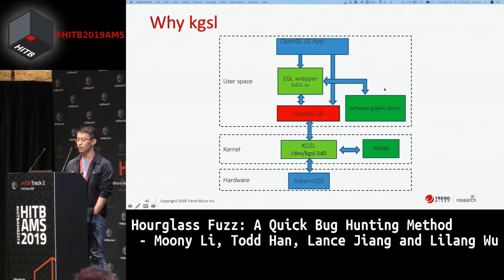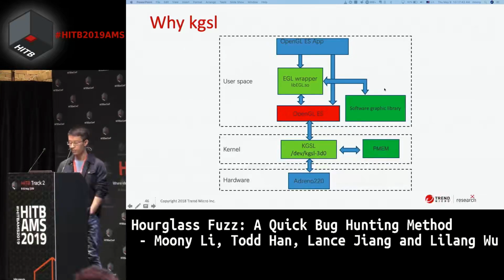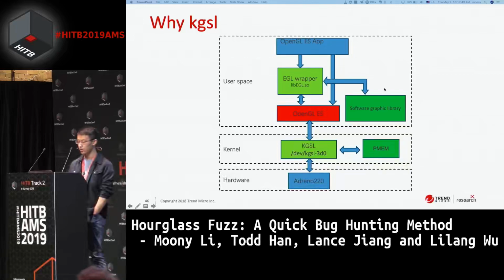Why do we choose KGSL? As shown in the figure, KGSL is mainly called by OpenGLES. It's mainly responsible for the rendering of 3D images in Android, and it's mainly used in games which have many 3D scenes.